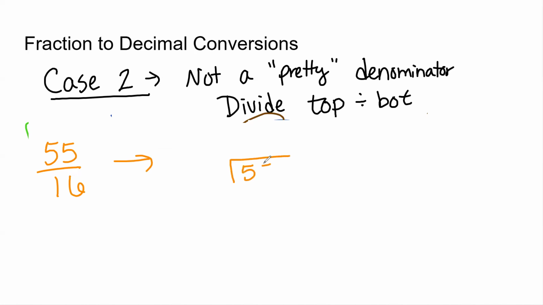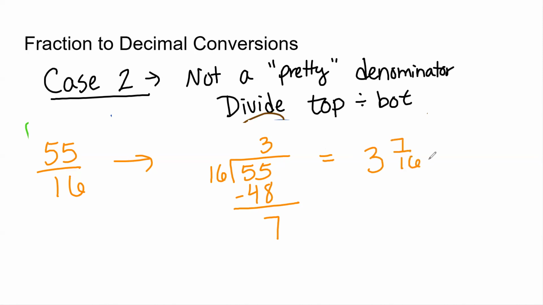So 55 divided by 16. Now 16 does go into 55 3 times, which is 48. Subtract, and you'll get 7. And now usually you would be done, right? The mixed number would be 3 wholes and 7 out of 16.